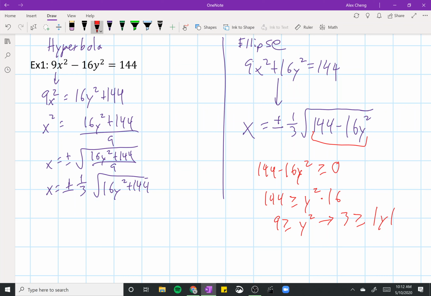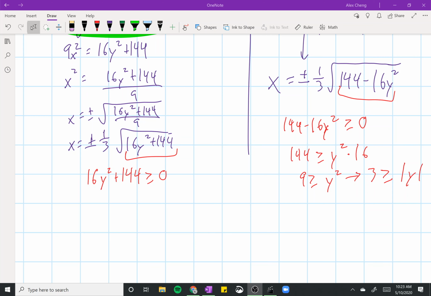If we come back over here to the hyperbola side, I still need the inside of that square root to be non-negative. And so I'll still start with the same setup: 16y squared plus 144 is at least 0. And now we can actually do something a little bit more clever than just going about it, although there's nothing wrong with that.